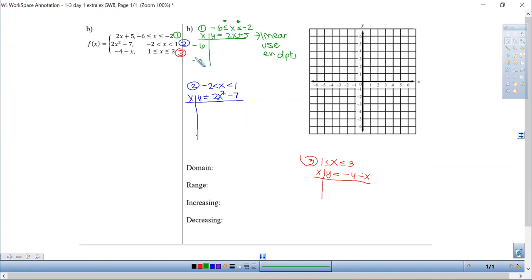So this graph is going to go from -6 to -2. So I need to plug -6 into my equation, which is 2x plus 5. So 2 times -6, plus 5. So that's -12 plus 5, which is -7. So I have the point -6, -7. It's solid because that was equal to.